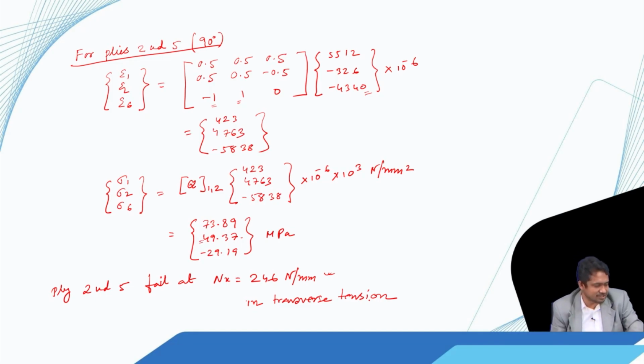Now, because it fails in transverse tension, we again need to adjust the stiffness of these plies. So, ply 3 and ply 4, the stiffness adjustment we need to again do.